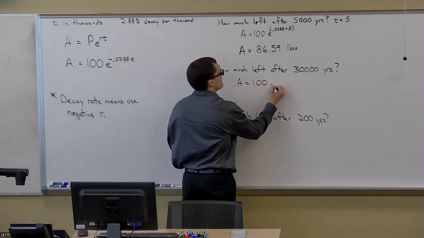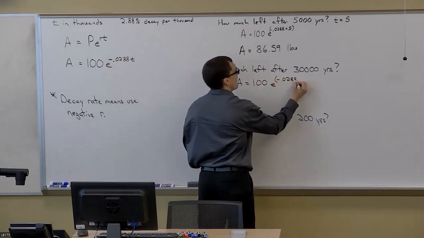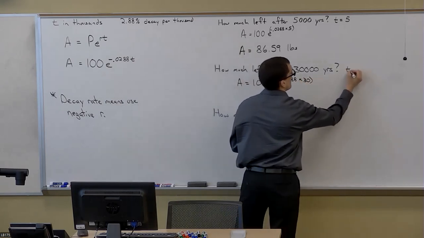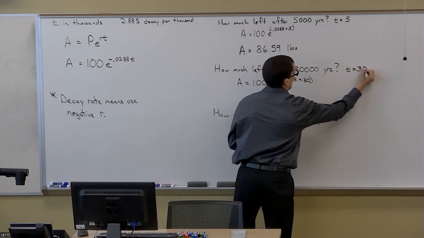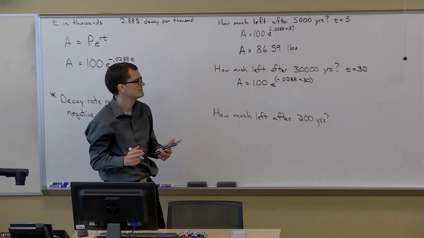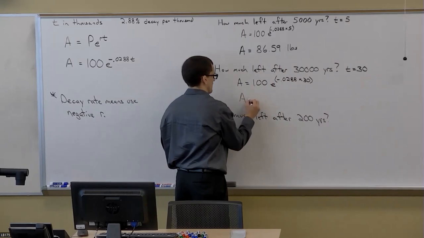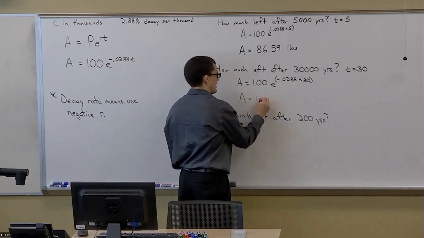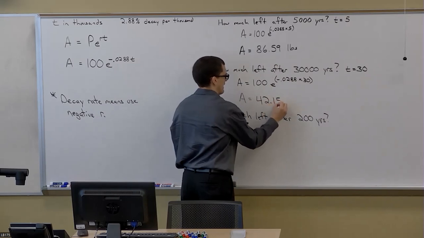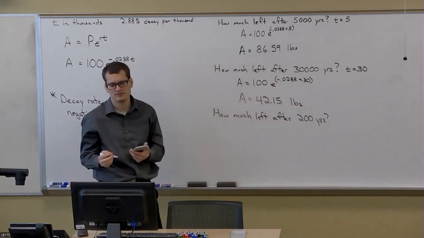Similarly, when we try to find how much is left after 30,000 years, that's a T of 30. And the amount that's left is about 42.15 pounds.